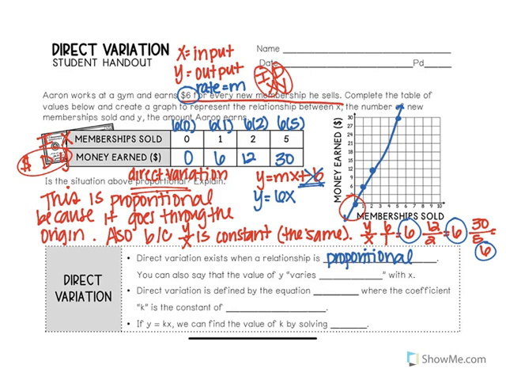You can also say that the value of y varies directly with x. Direct variation is defined by the equation y equals kx, where the coefficient k is the constant of proportionality.